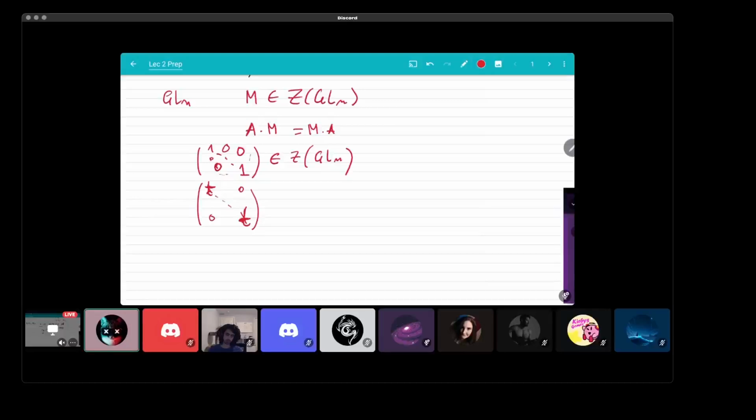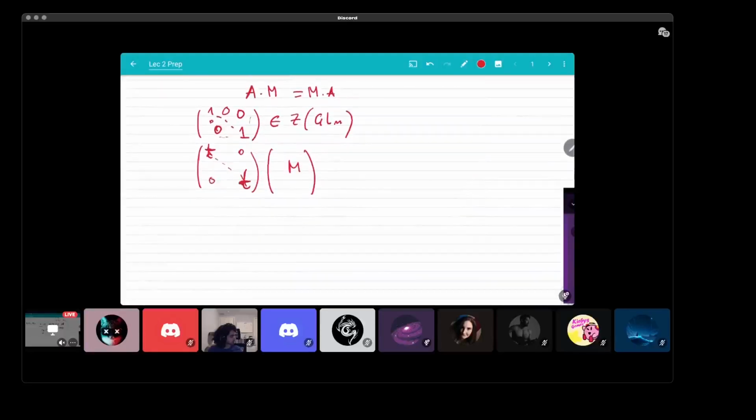Either directly, we can show that if we took any matrix M and multiplied it with this matrix, we can rewrite this as t times the identity.